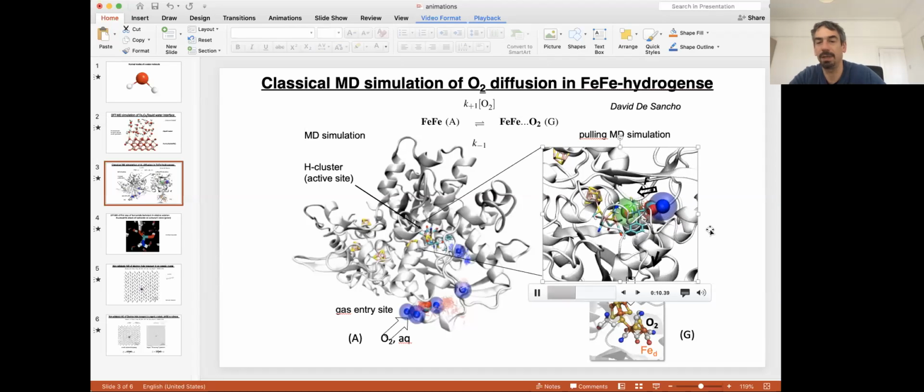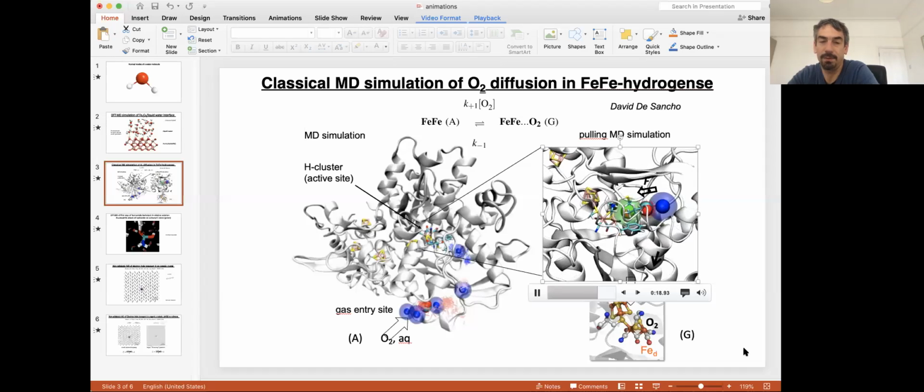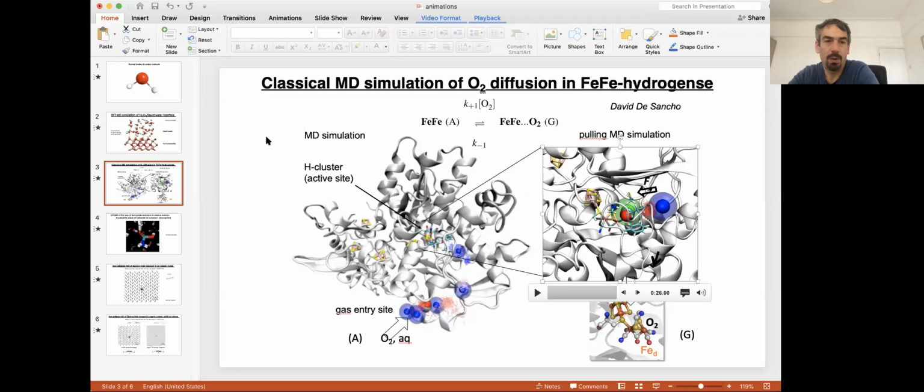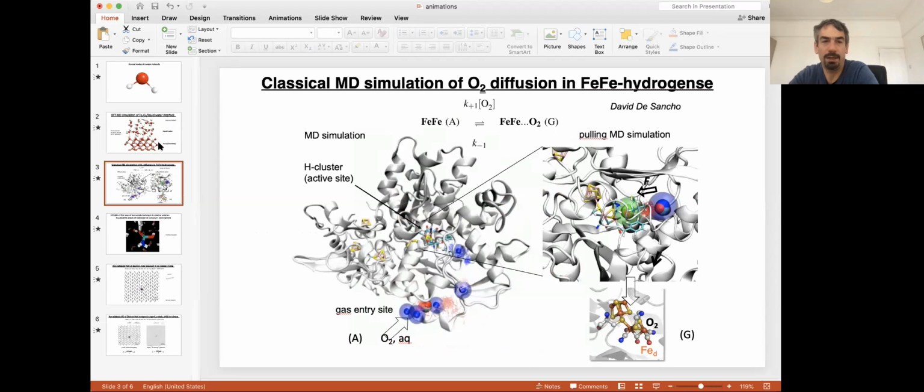From these calculations, you can calculate rates and free energy barriers, and especially estimate the rate of the attack of that active site by oxygen molecules.